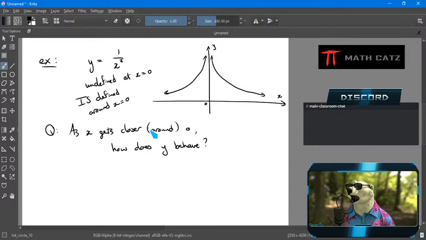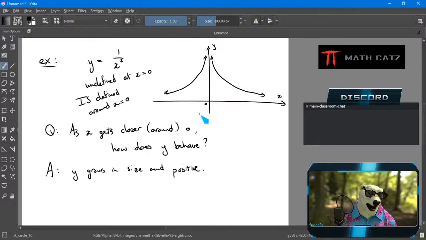Okay, so there is behavior that I can describe with this. So let's say here the answer is y grows in size and is positive. So it's not a difficult thing to observe, especially once I have the graph, right?